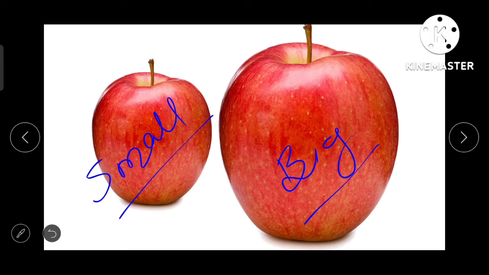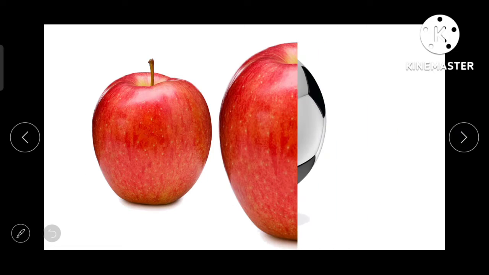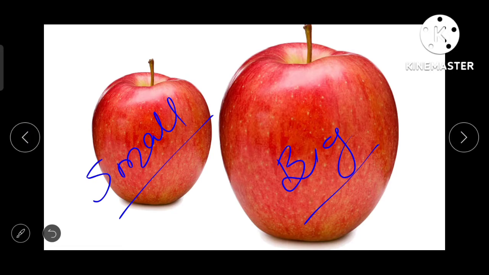By this we understand that when we compare objects based on the sizes, we get big and small objects.